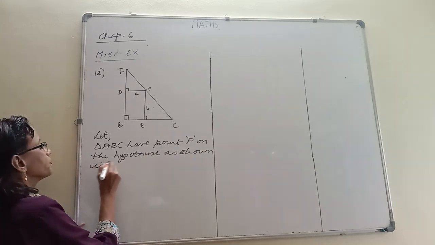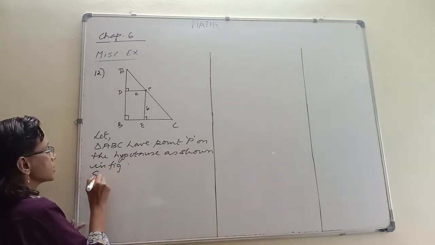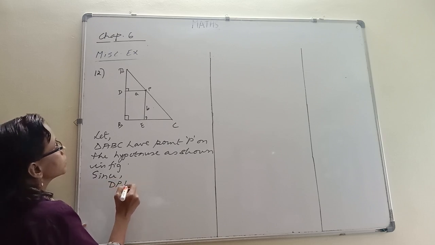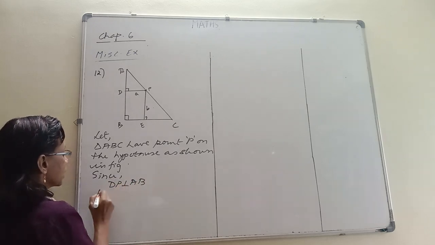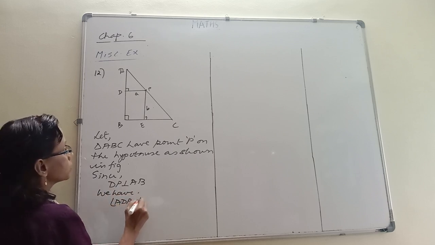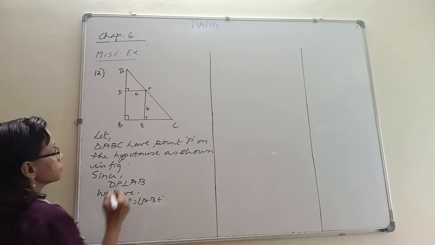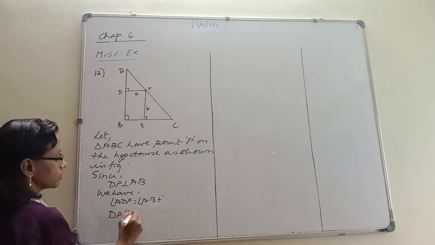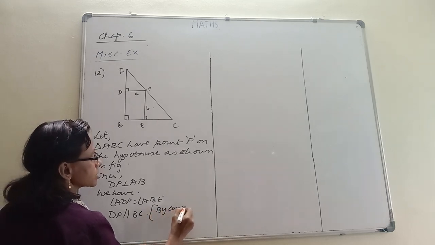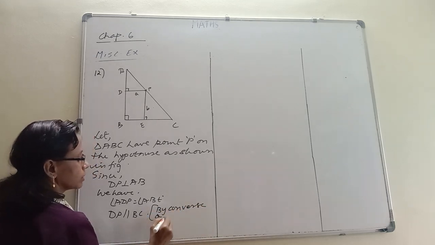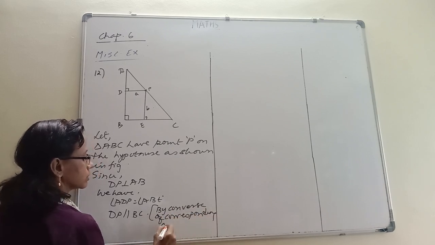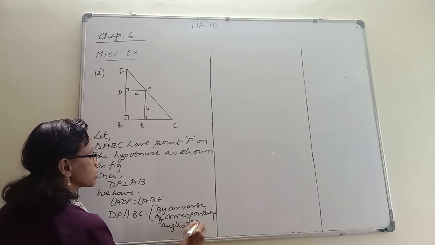Since DP is perpendicular to AB, we have angle ADP equal to angle ABC, which makes DP parallel to BC by the converse of corresponding angles. So that's how you got it parallel.